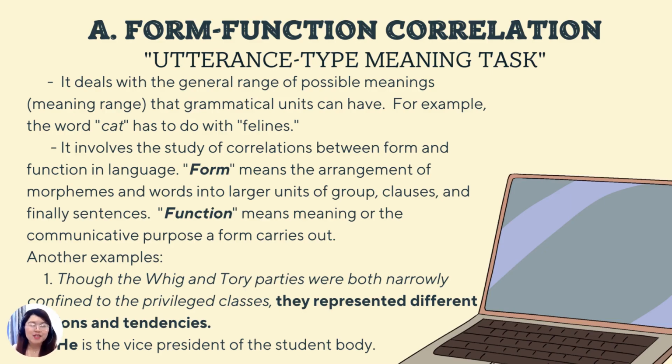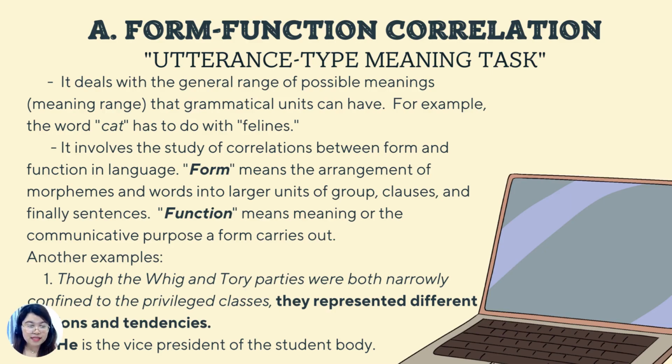Anyway, going back to this kind of sentence, let me read it to you again. Though the Whig and Tory parties were both narrowly confined to the privileged classes, they represented different factions and tendencies. This sentence is made up of two clauses, the independent clause and the dependent clause. The highlighted clause is the independent clause.